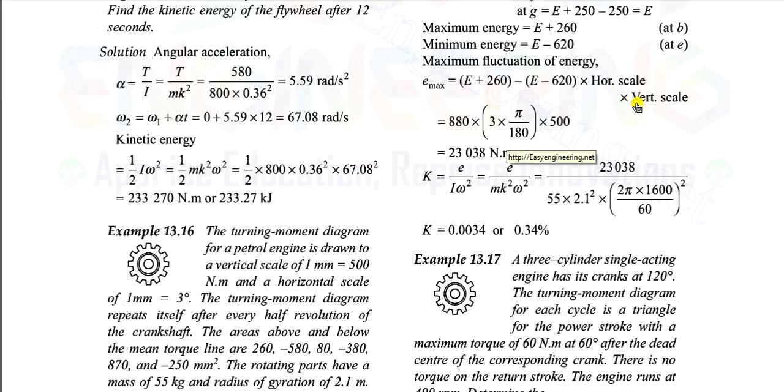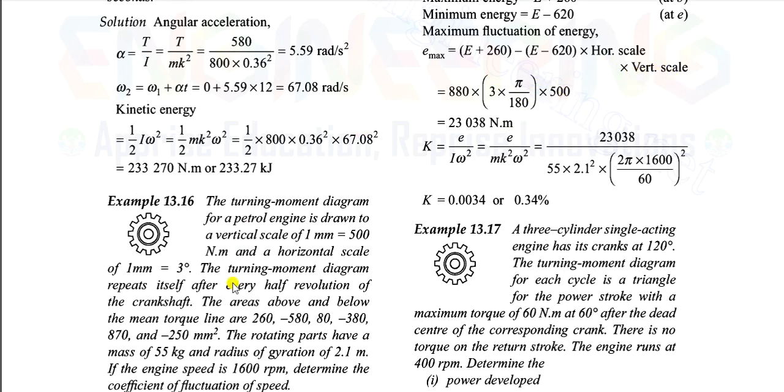And 1 mm on the vertical scale represents 500 Newton into meter. So from here, this will be the maximum fluctuation of energy, 23,038 Newton into meter. This is very important.